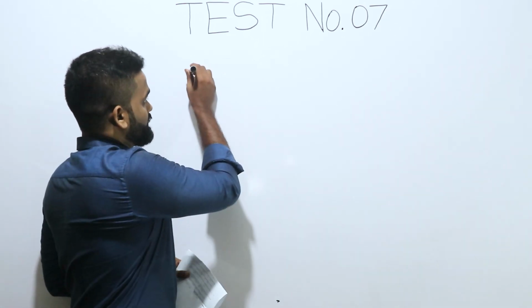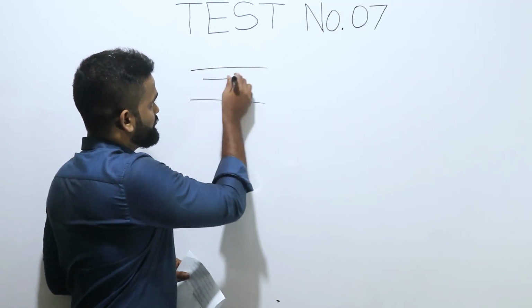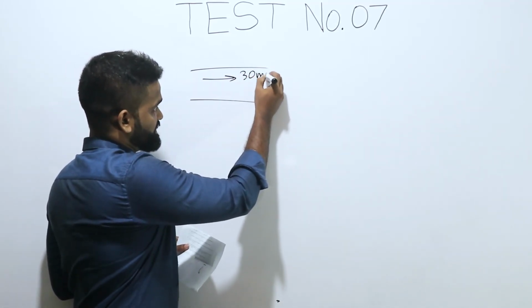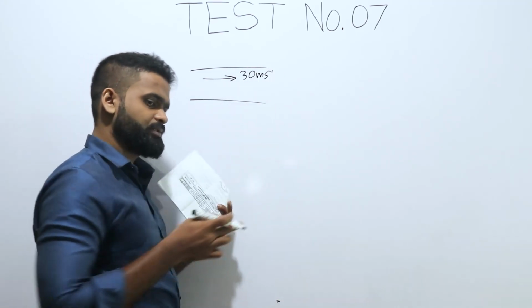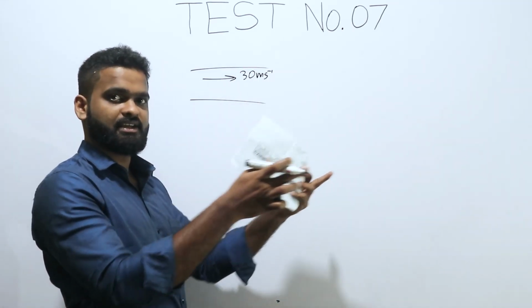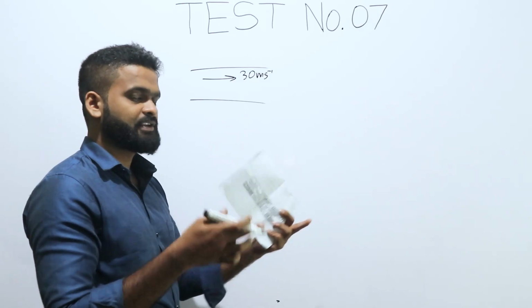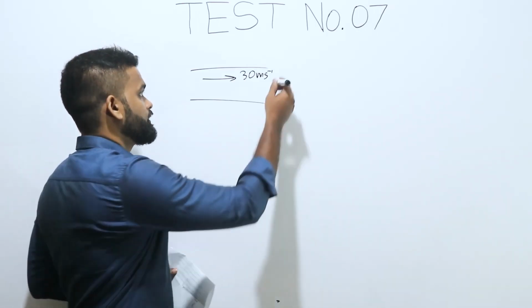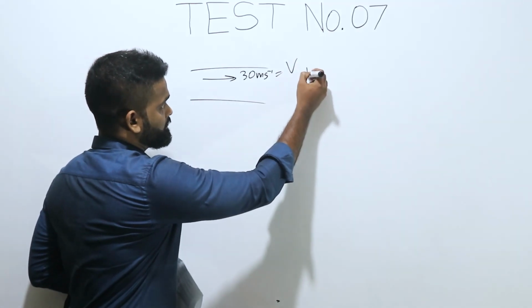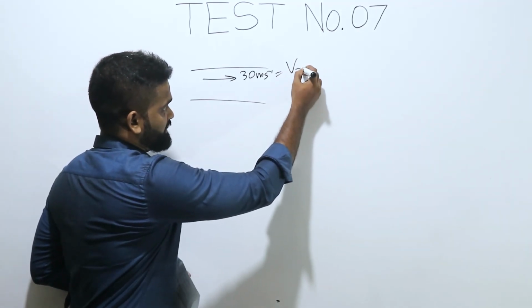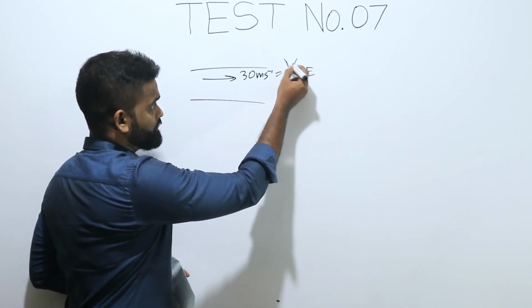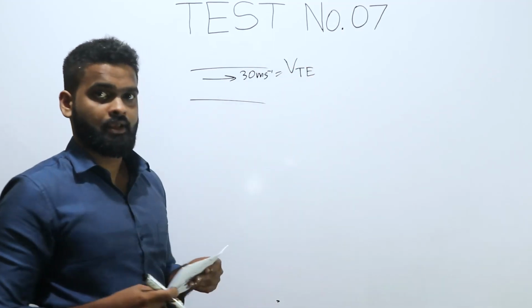They say that, let's say, the train is moving to this side at 30 meters per second. If they say a train moves at 30 meters per second to this side, it's a velocity that is relative to Earth. So let's say train is capital T. Relative to Earth, the velocity of the train is V_TE.